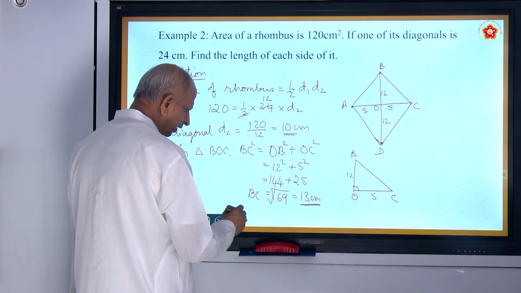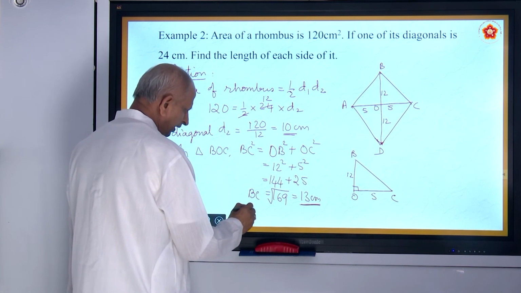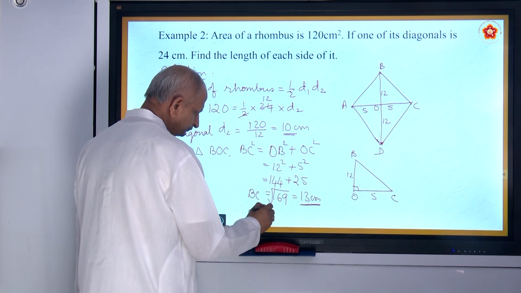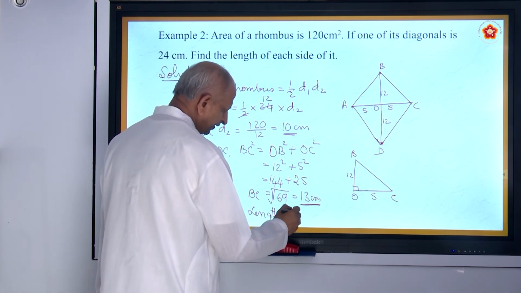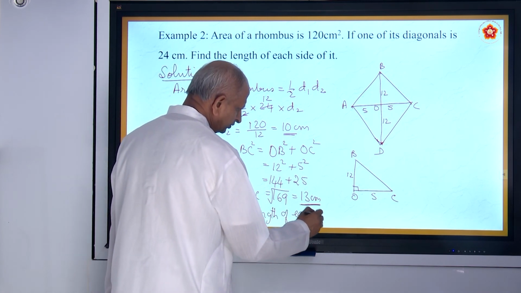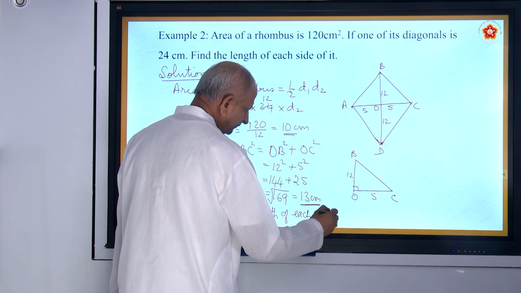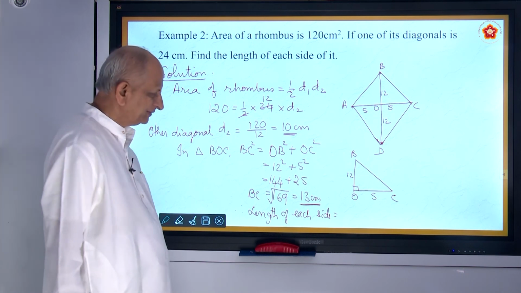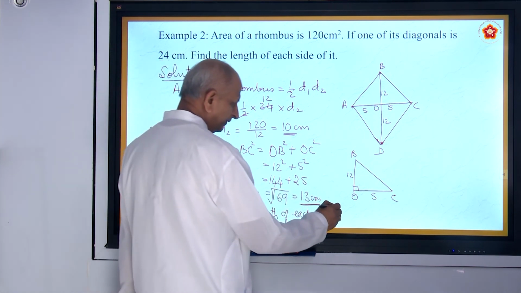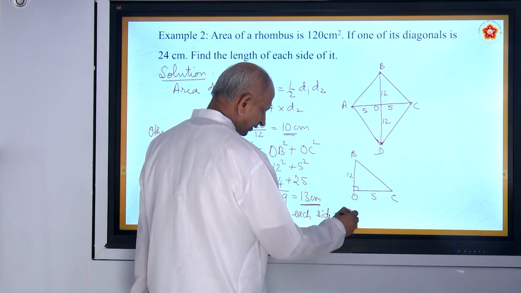And therefore, what is the answer? Length of each side, because in a rhombus all sides are equal, correct? Therefore each side will be 13 centimeters.